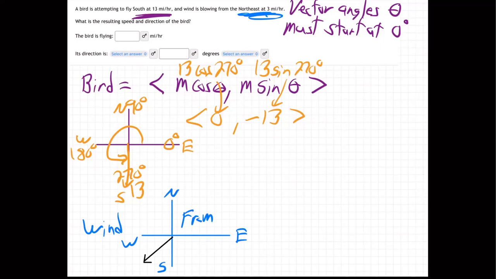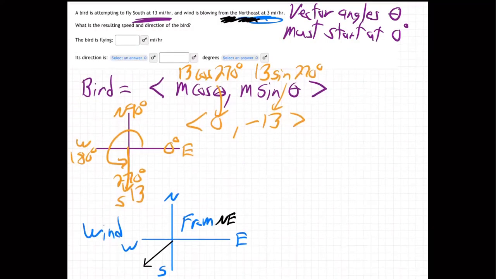It's from the northeast, so it's not to the northeast. Notice it's from the northeast. So if I say the wind is coming from the northeast, then it's going to the southwest, right? This is the northeast up here, going to the southwest.